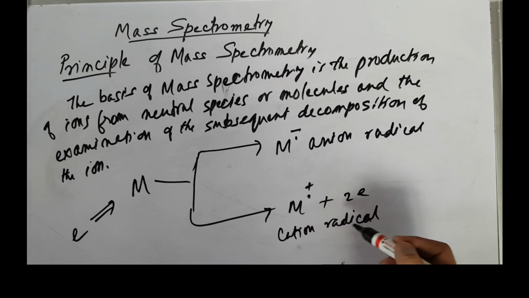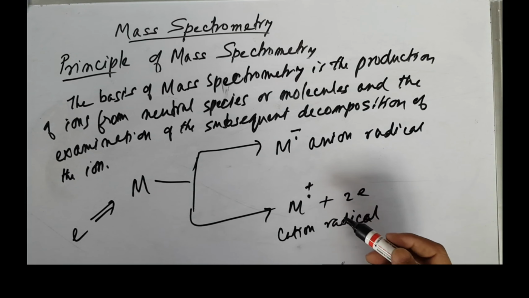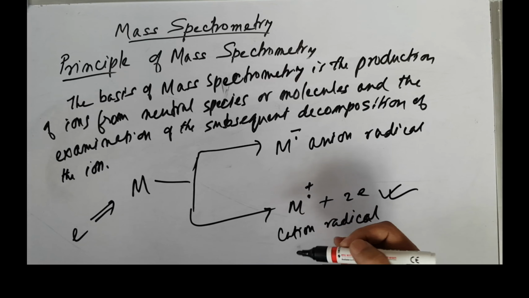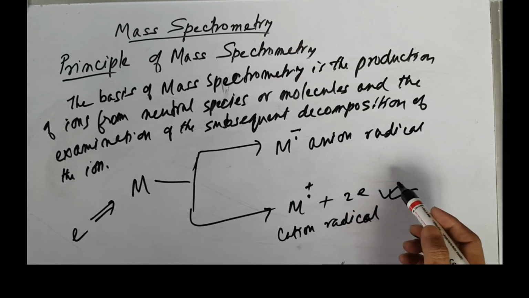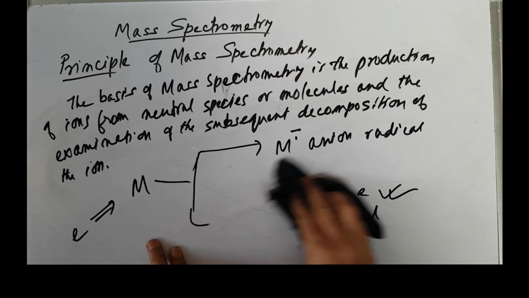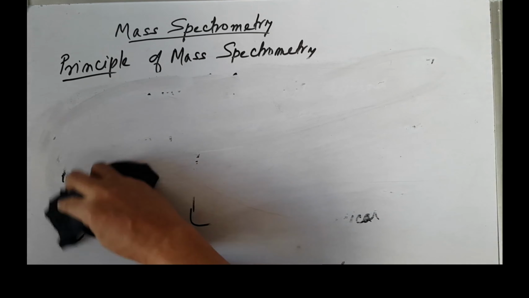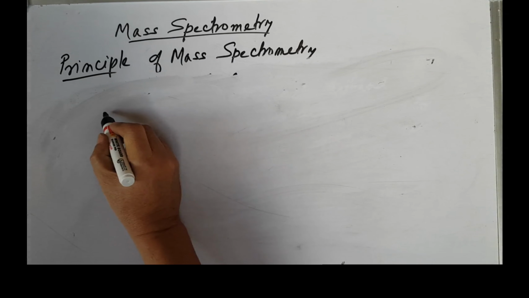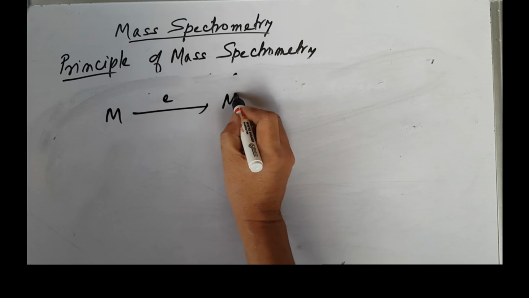This cation radical can undergo further decomposition. Mostly in mass spectrometry, this formation of cation radicals and the examination of their subsequent decomposition takes place. So I write down again: when high energy electrons bombard the neutral species, we get a cation radical.